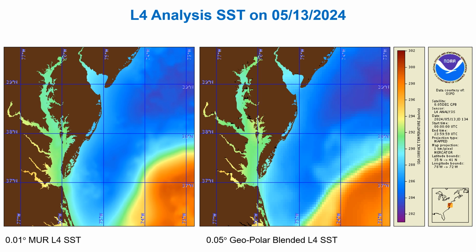Level 4 products are gap-free. This makes it more convenient for computation of gradients and detection of thermal fronts. As this example shows, they do not always have all of the features present in the original level 2P satellite-derived products or even collated level 3S.